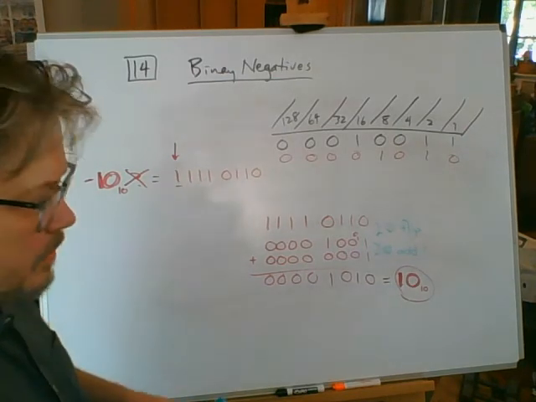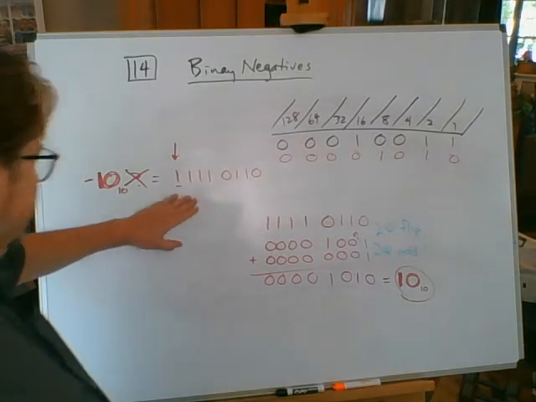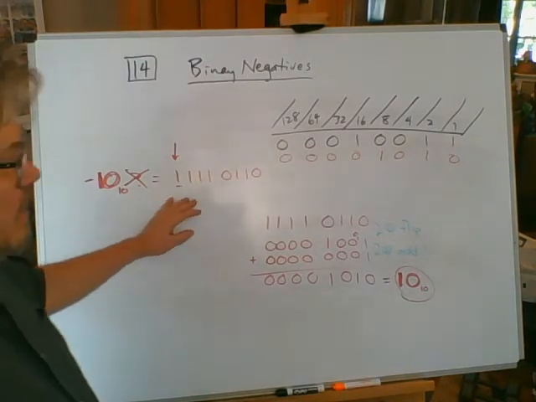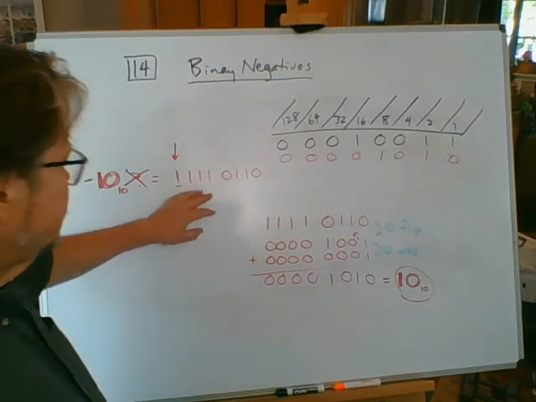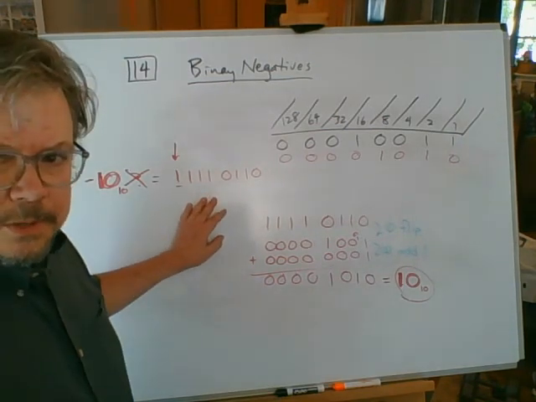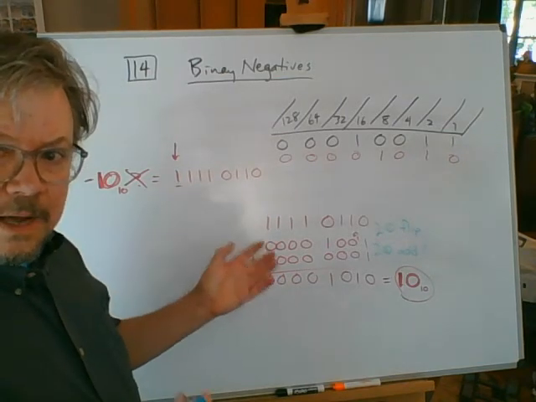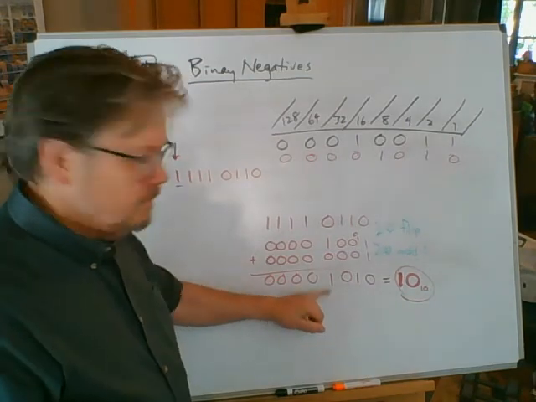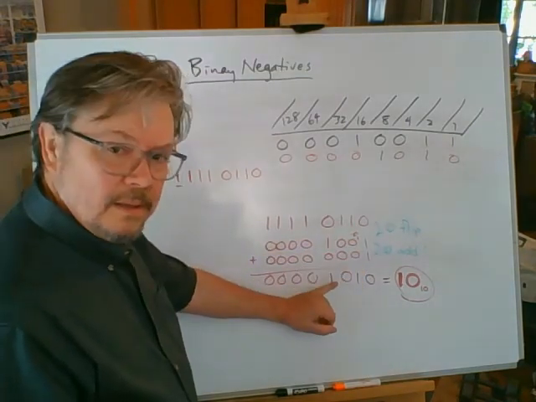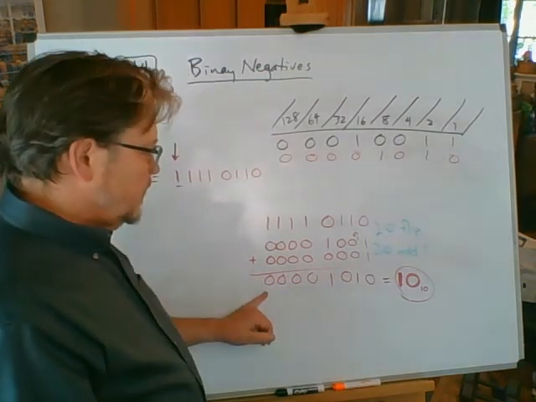Let me review what just happened here. What a disaster. This was a random bit pattern I made up. It's 8 bits. I know it's a negative number in the 2's complement number system. What I don't know is what negative number it is. How do I find out? Well, I find its positive additive inverse. I flip the bits and add 1. When I do that, I get a bit pattern that is a positive number.